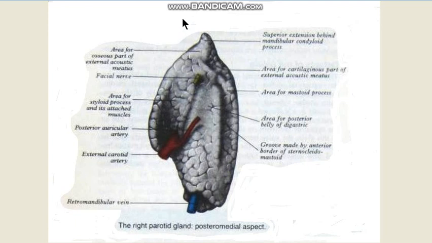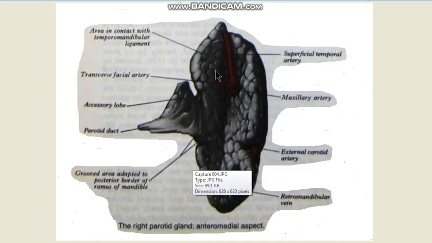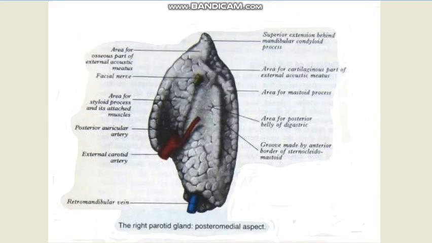Now the superficial temporal artery will go up like this, but the maxillary artery will come out through this anteromedial surface. So maxillary artery will come out through the anteromedial surface behind the neck of the mandible, and transverse facial artery will come out as a branch of the superficial temporal through the anterior border.